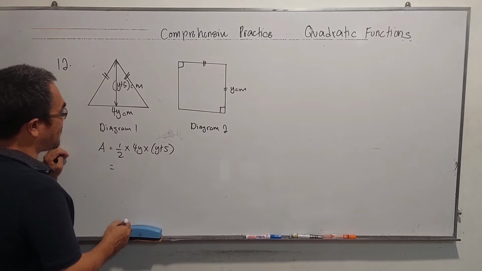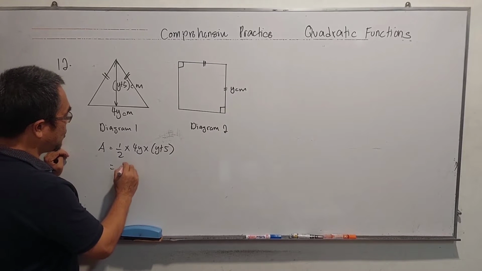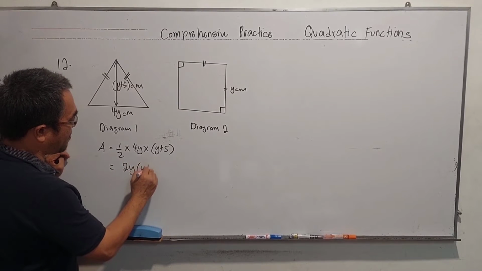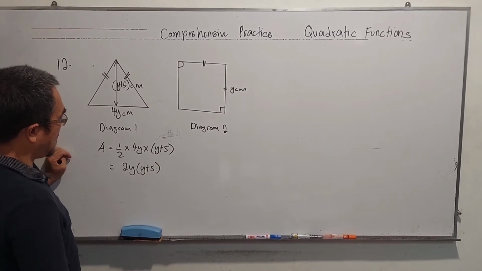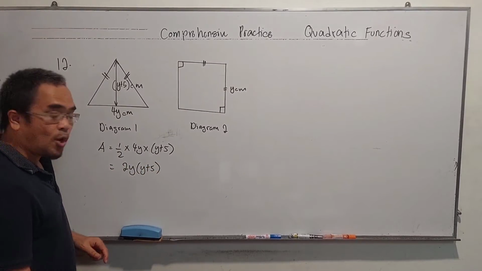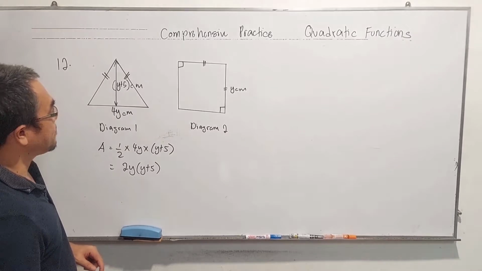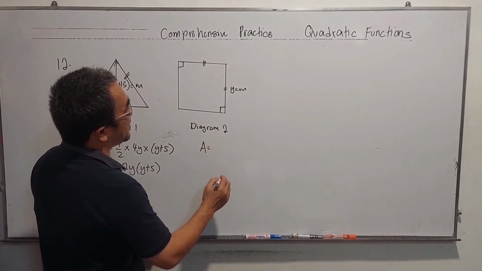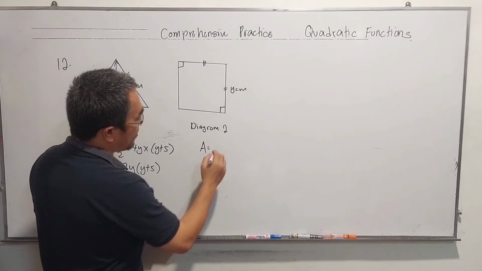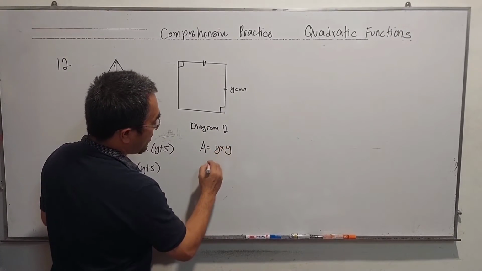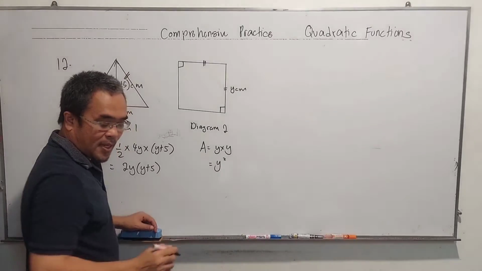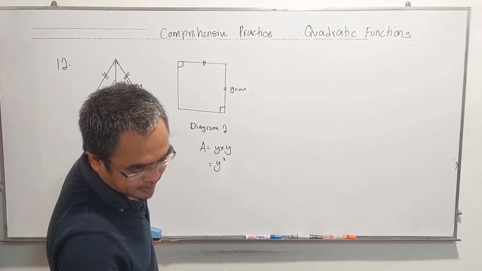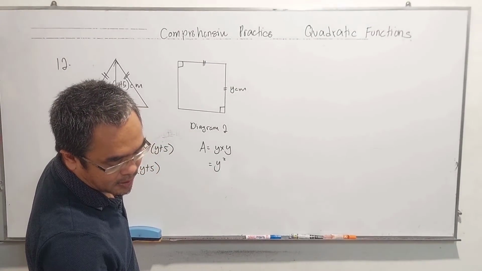If we simplify, you get 2y and y plus 5. Whether you expand or not is not important. And the area for the square will be y times y, which is y squared.